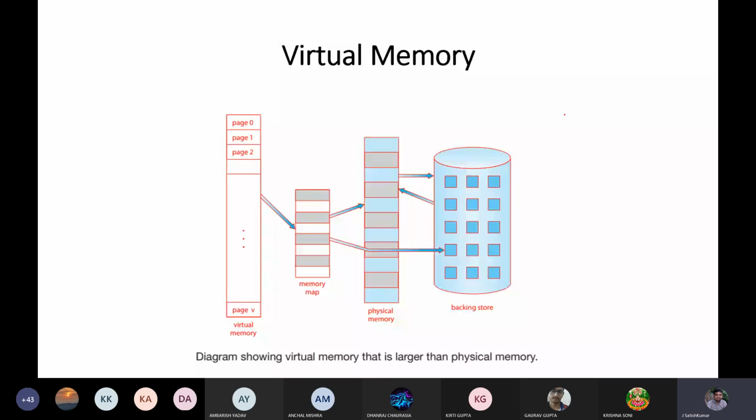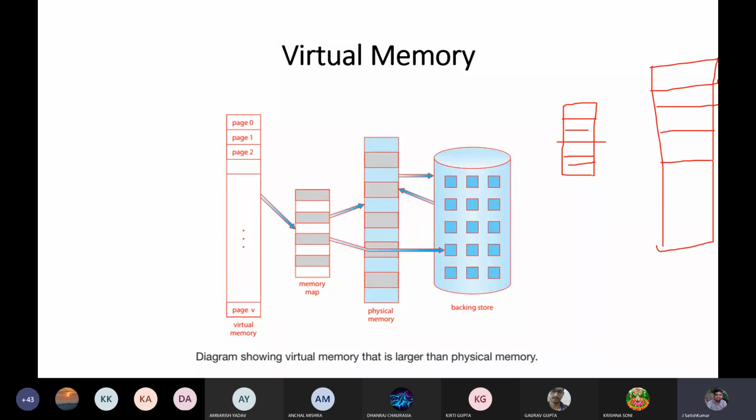In the previous class, we studied paging, a memory technique, right? We have pages generated by the logical address, and we have frames, which are the physical memory, usually bigger than the page table. We have pages and a page table.